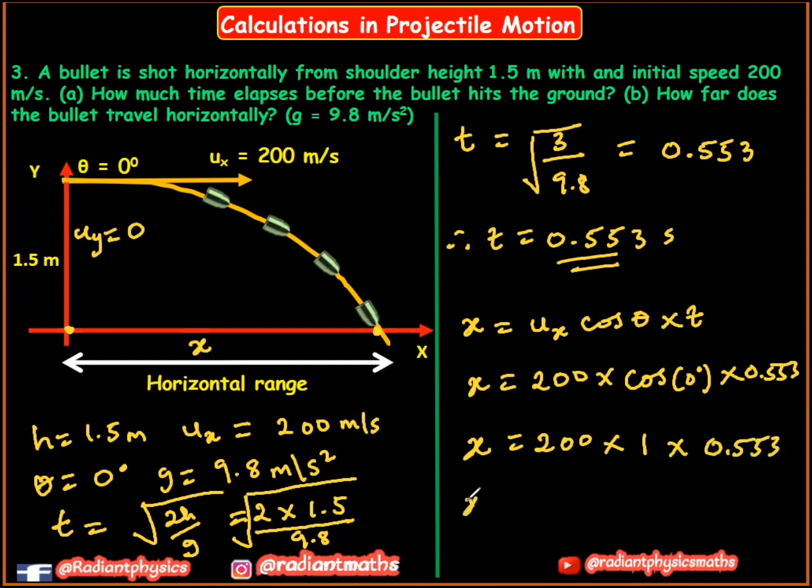So 200 times 1 is 200, times 0.553 from the calculator. If you want to approximate to a whole number, we are going to say 111 meters. So X is 111 meters, the horizontal range.